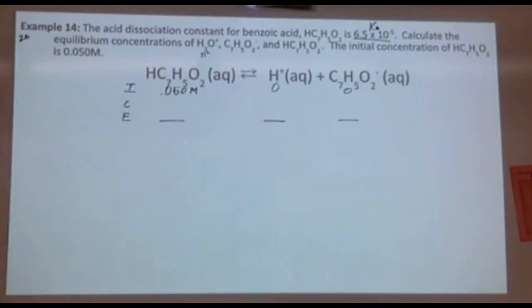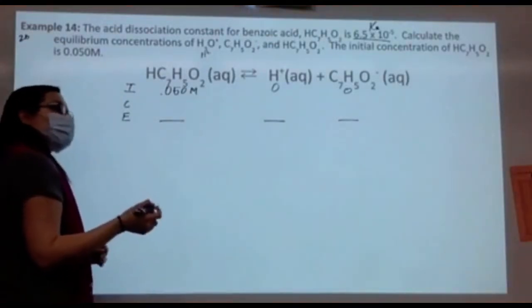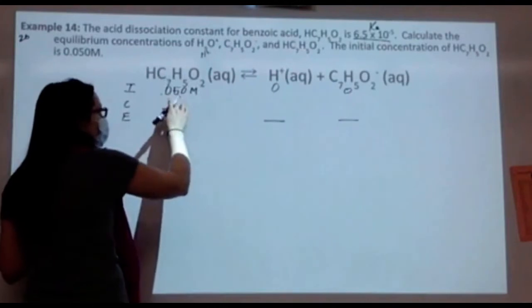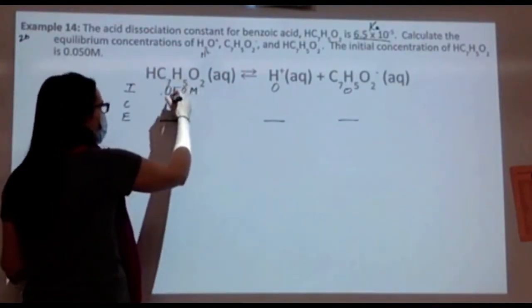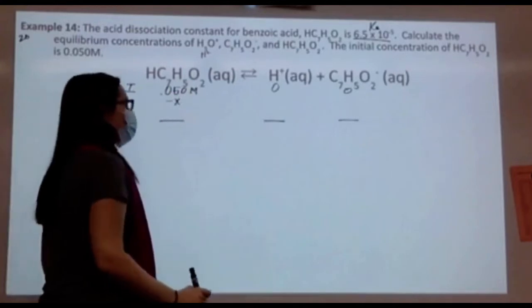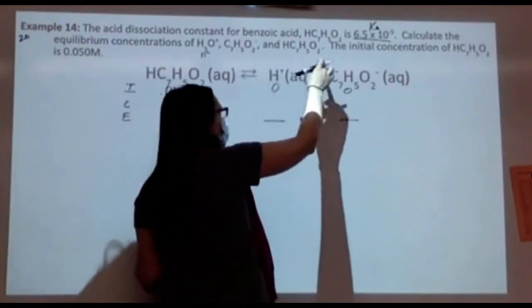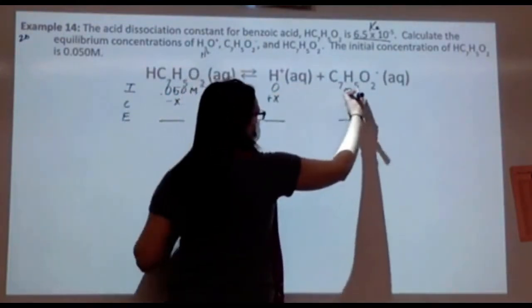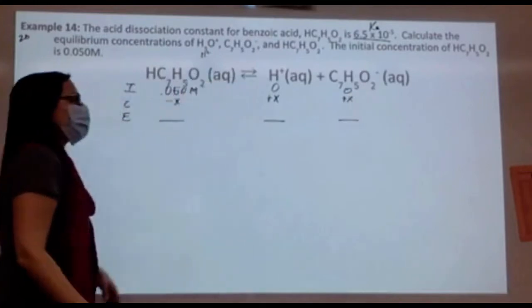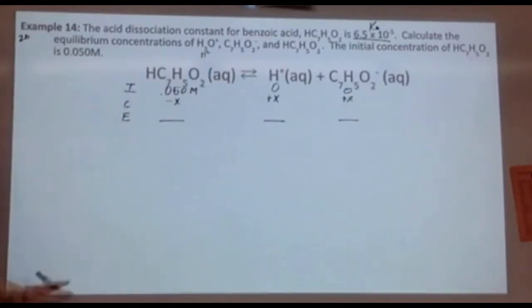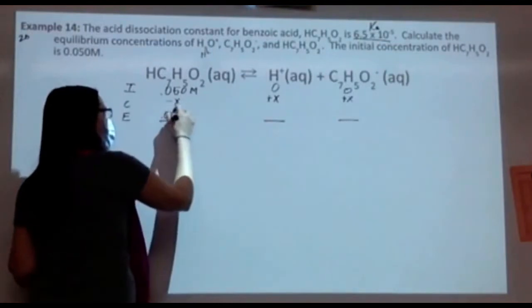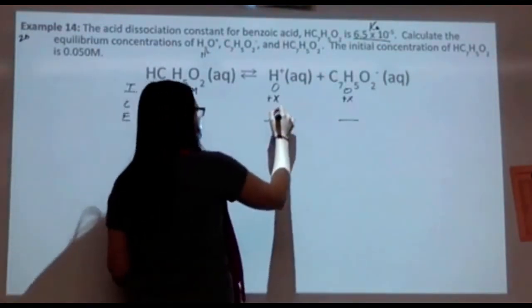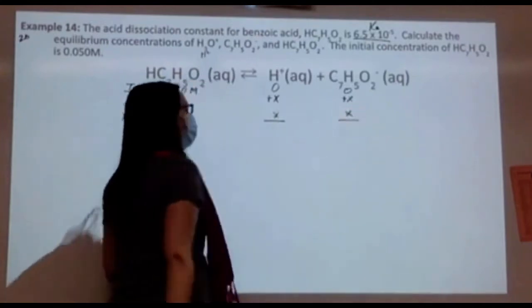So if they don't give us anything else, think back to what we did before, we used X's. So if this is my reactant, because it's the only one I'm starting with, I'm going to have minus X. And because my ratio is 1 to 1 to 1, if I'm subtracting X on the left, I'm going to add X to both of the substances on the right. So my equilibrium is 0.05 minus X, X, and X.